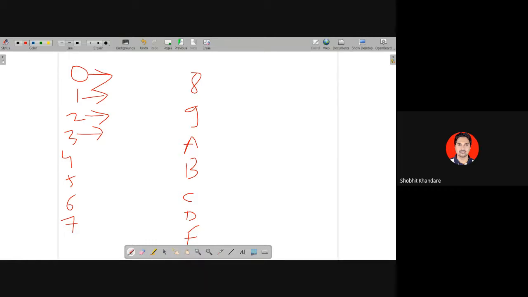वो कैसे पता चला? इसमें सबसे बड़ा नंबर कौन सा है? F. F का मतलब आपको पता है, डेसिमल नंबर में F का मतलब क्या होता है? It is 15.